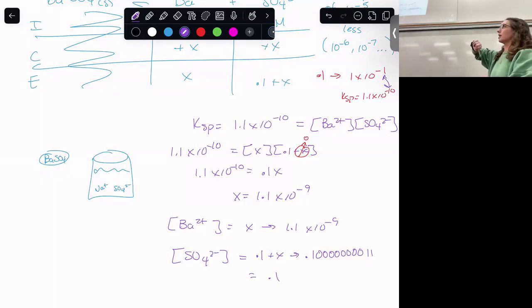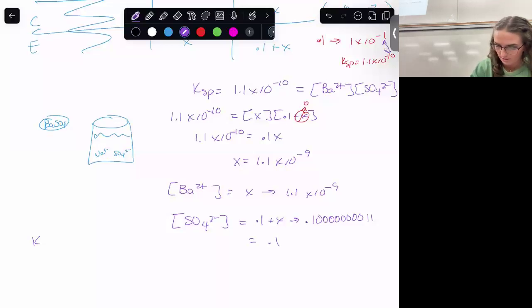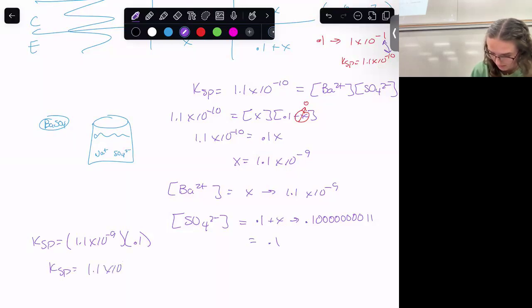But we do form some of that barium ion, and if we were to solve for the KSP, it would be 1.1 times 10 to the negative 9 times 0.1, which would get us back to 1.1 times 10 to the negative 10. So it still matches the KSP from when we didn't have the sulfate ions in the beginning, but now the ratios of the two are different because we started off with more sulfate ion than we did barium ion. Does that make a little bit more sense? Okay.